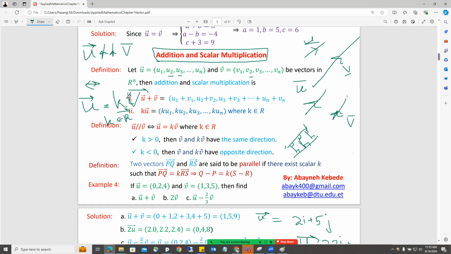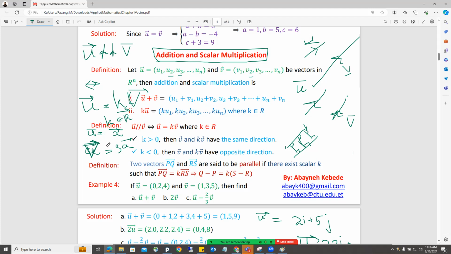V and u are vectors. Is it clear? For example, think that vector u is vector A, then vector V will be 3 times A. See, those two are in the same direction, but what has happened?